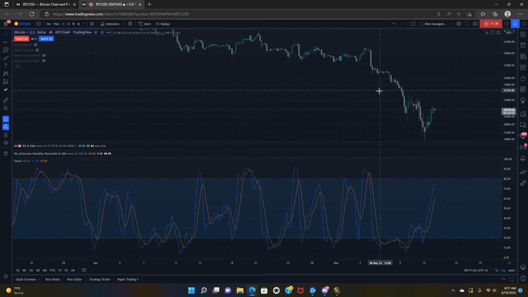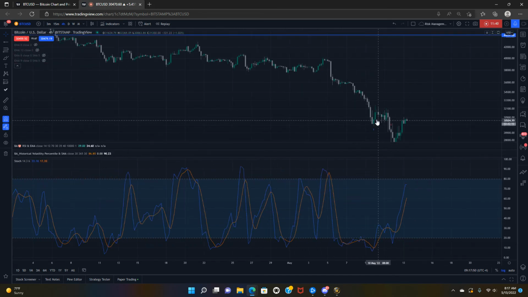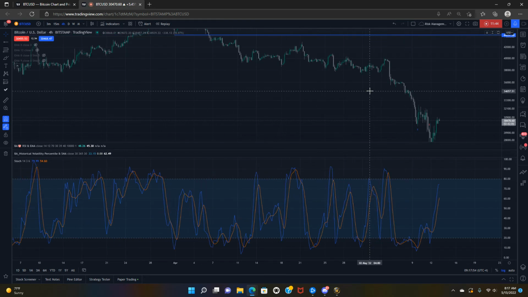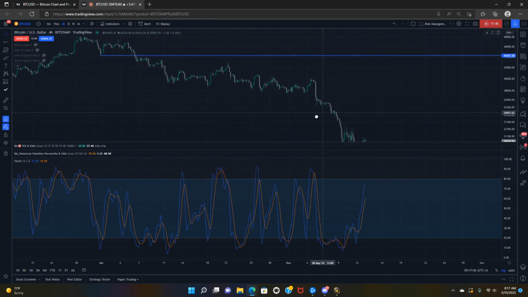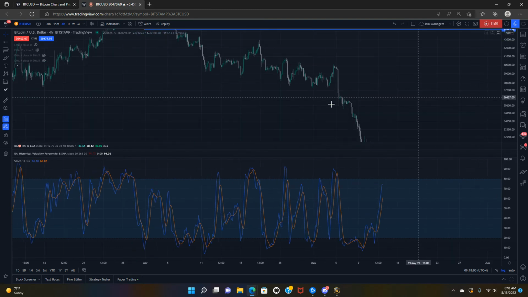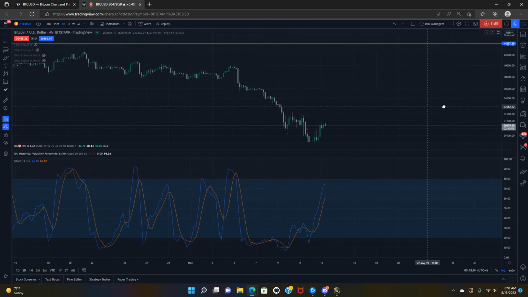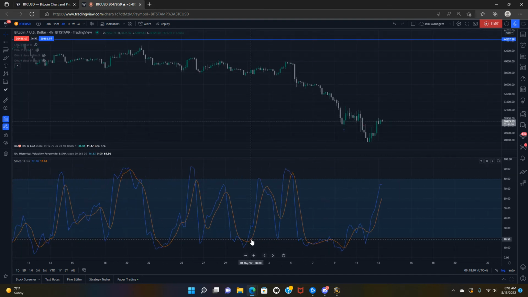An important thing to mention, if you are going to trade stochastics, is that you want to keep the trend in mind, right? So here we have a very clearly defined downtrend, right? That goes without saying, at least on this time frame. And what you want to avoid is trading any counter trend reads, right?